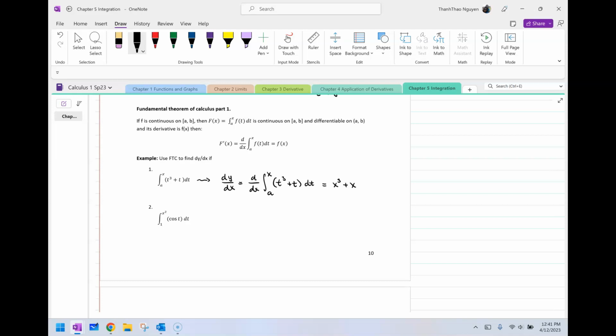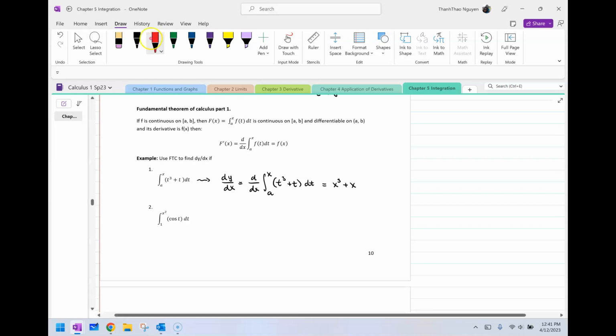In the next case, we're looking at the integral from 1 to x squared of cosine of t dt. Now, because we have a function here, don't forget we need to use the chain rule.